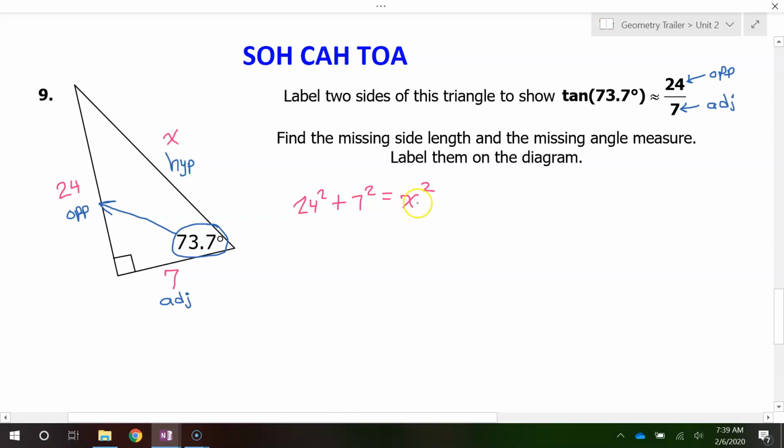Okay, the hypotenuse always has to go over here by itself. Now I'm consulting my calculator right now. 24 squared is 576, plus 49 is equal to x squared. So that's going to make 625 is equal to x squared.